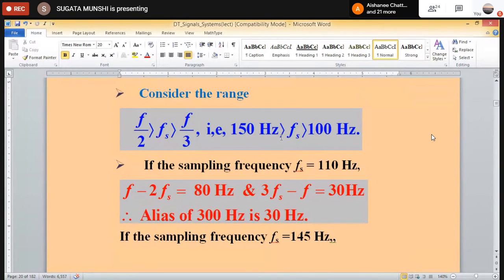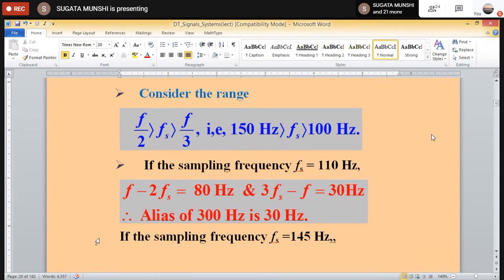Consider another value, fs is equal to 145 hertz. Under that condition, what will be the frequencies f minus 2fs and 3fs minus f? 2fs is 290 hertz, f is 300 hertz.